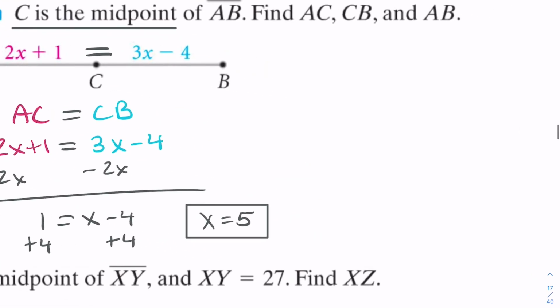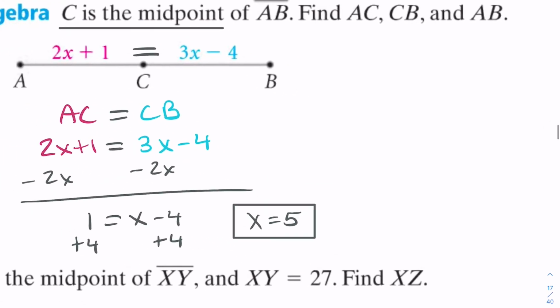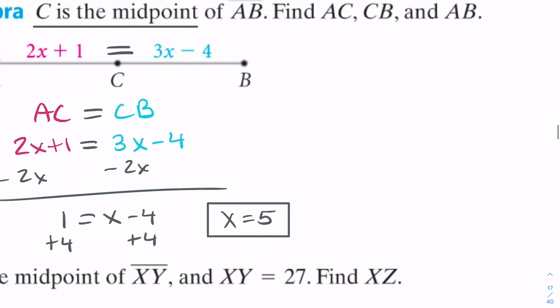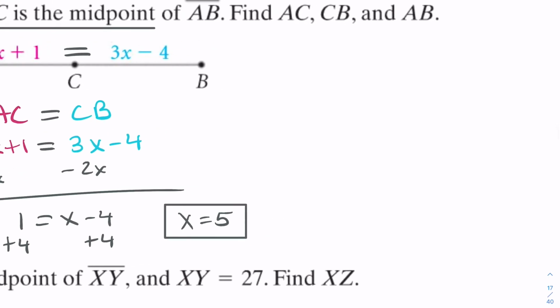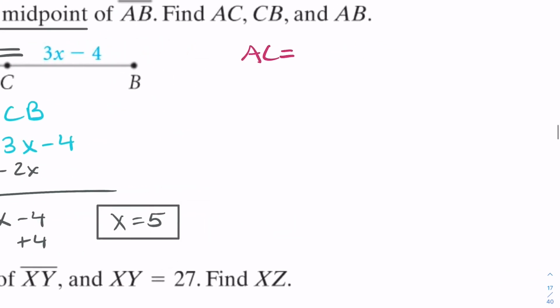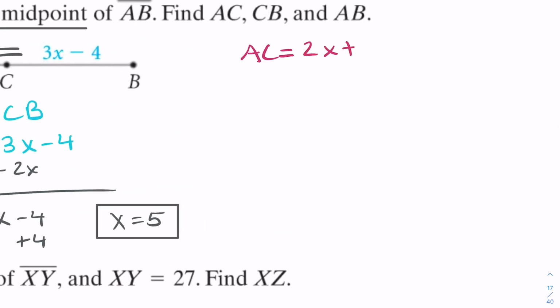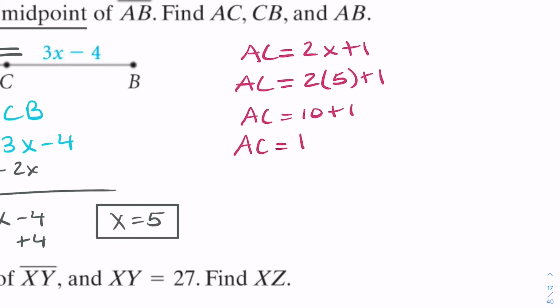All right, so we want to find AC, CB, and AB. Whoa, okay, so AC is 2x plus 1. AC is going to be 2 times 5 plus 1. AC is equal to 10 plus 1. AC is equal to 11. Okay, that's AC.